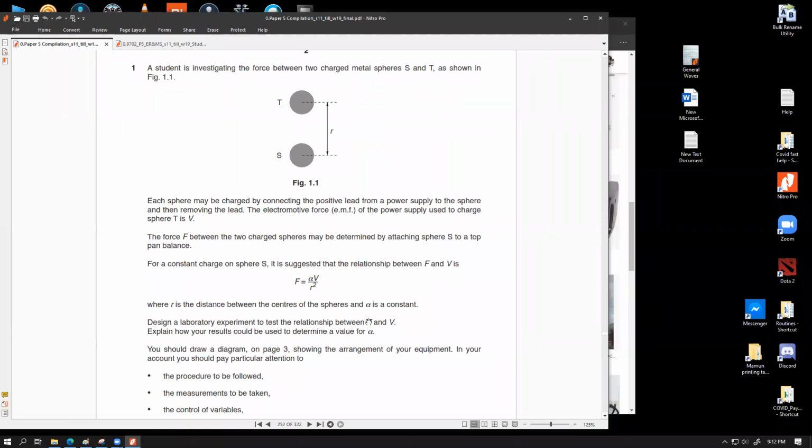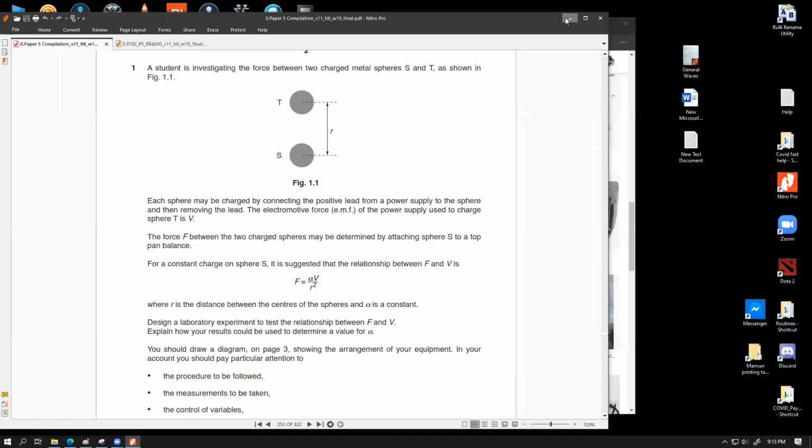Do you see it anywhere? Anyone? No. So if these two spheres were identical, we could have measured from top to top, and that would be R, or from bottom to bottom, that would also be R. That works. But nowhere in this case do they say that they are identical.